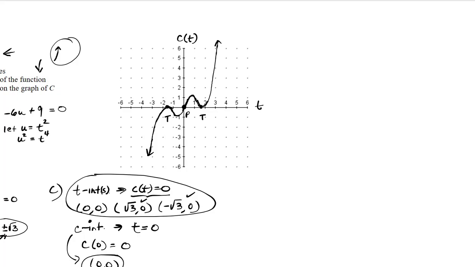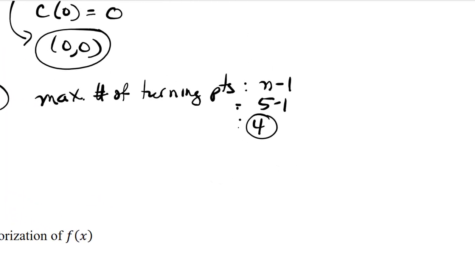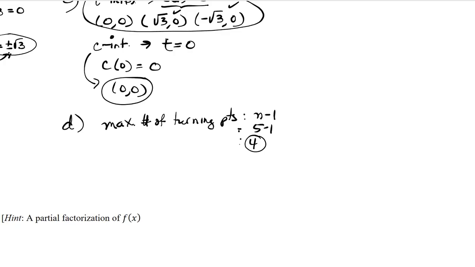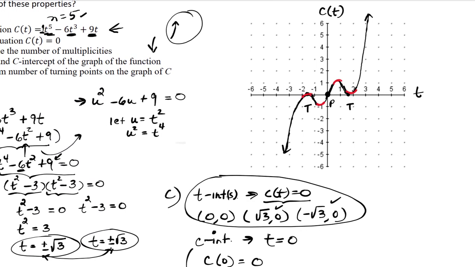So here we have 1 turning point, 2 turning point, and 3 and 4. So as long as the graph has no more than 4 turning points, then we are good. So everything matches up. Therefore, this suffices for graphing the function c of t.